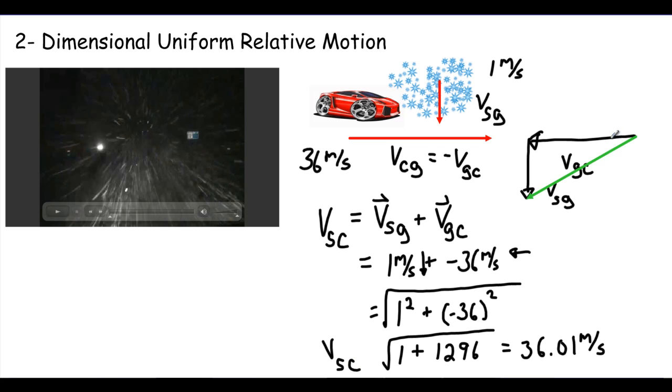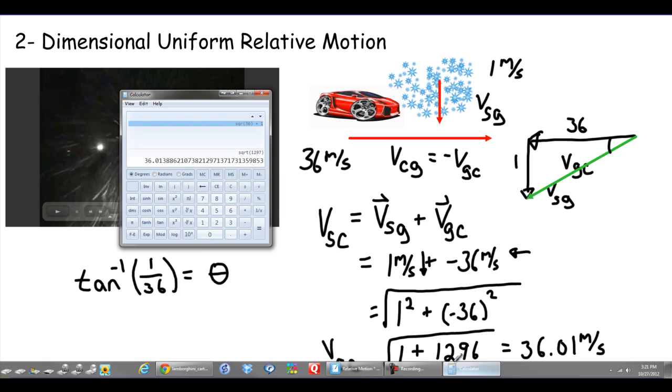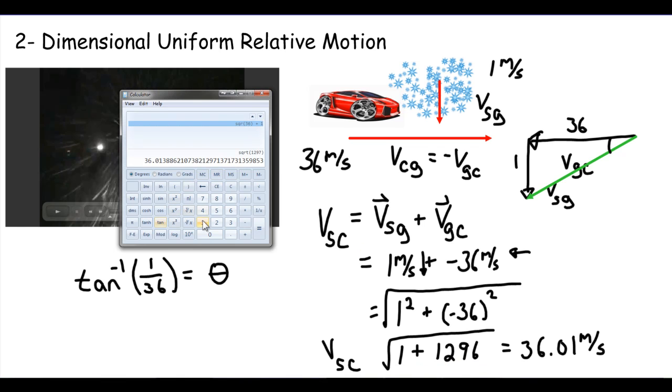Now, I also need to figure out this angle. I know that the length of this side is 36, and the length of this side is 1. To find the angle, I'm going to use the inverse tangent function. In this case, it's going to be opposite over adjacent. My opposite side is 1 over 36, and that's going to give me my angle theta. So let me pull up a calculator here again. I want to take 1 and divide it by 36.